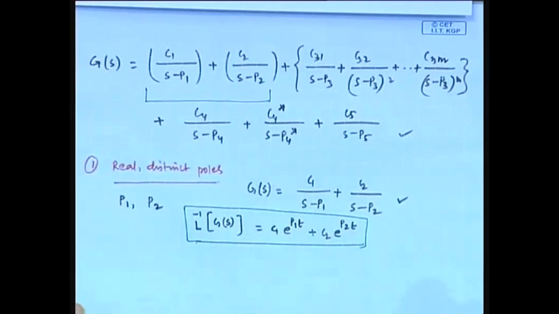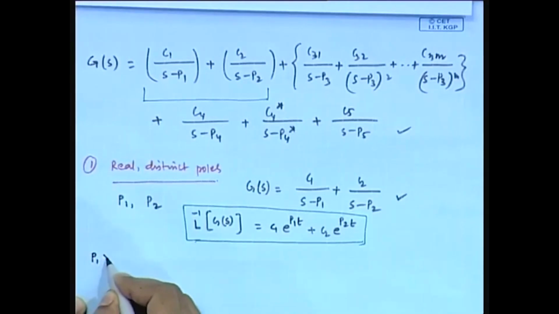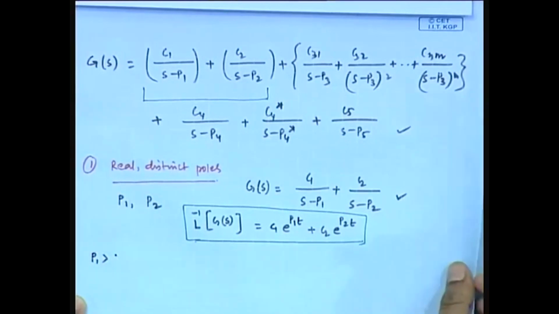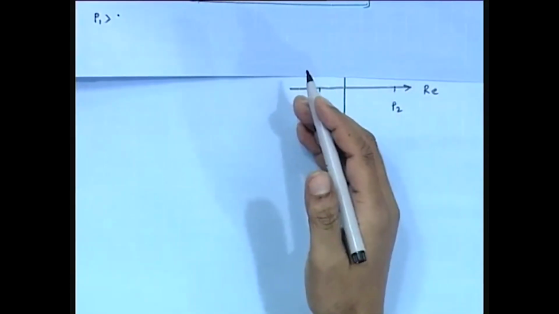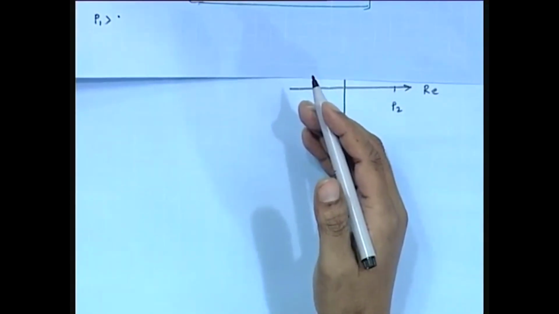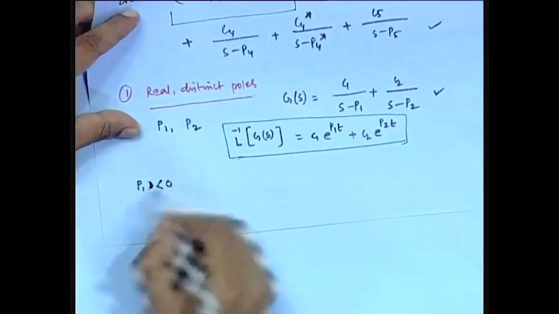Now, P1 we have considered in this complex plane, it is less than 0, because that is to the left of the imaginary axis. So, P1 is less than 0.